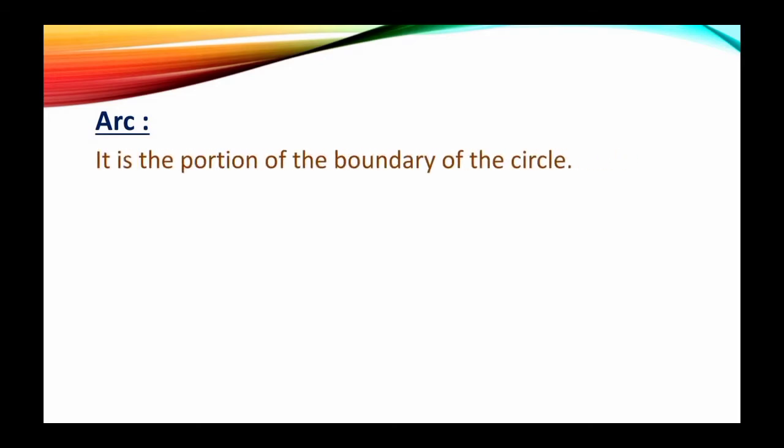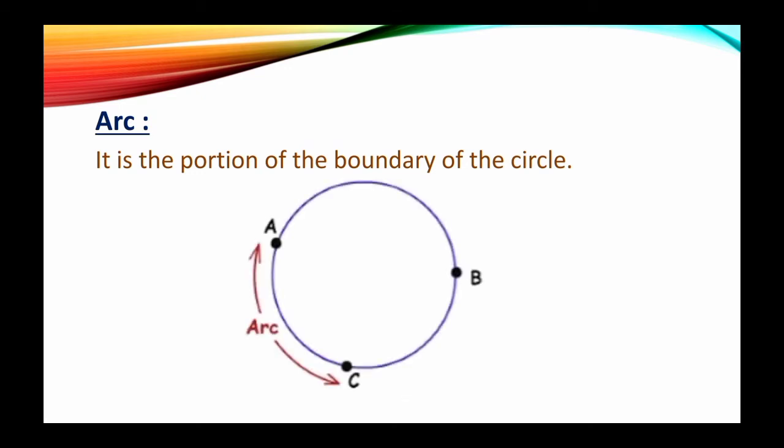Now come to arc. It is a portion of the boundary of the circle. If we select any portion of the boundary, that is known as an arc. Look here. There are three points A, B and C. If we select A to C, that part is an arc of the circle.